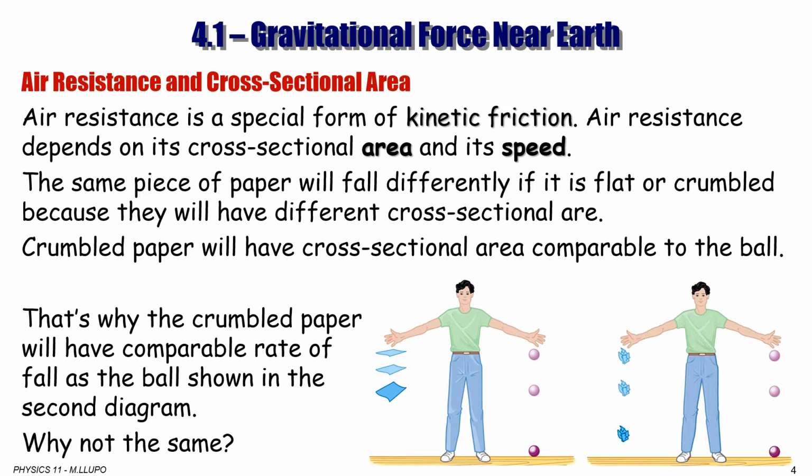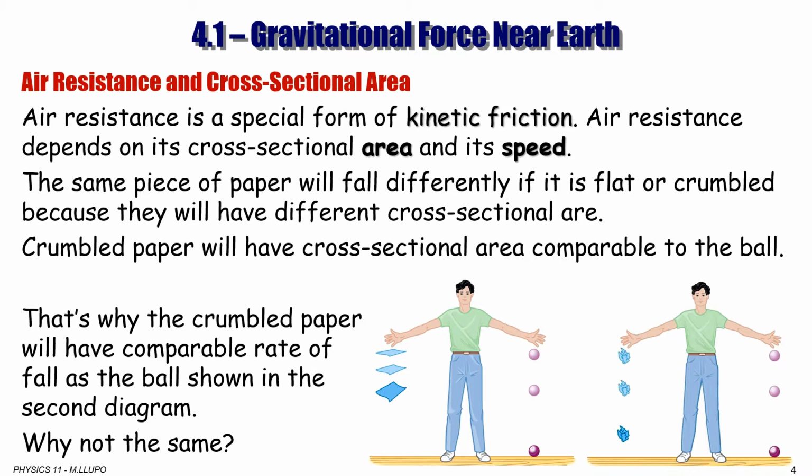Crumbled paper will have a cross-sectional area comparable to the ball. That's why the rate of falling of that crumbled paper is comparable to the rate of falling of that ball. Now, the flat piece of paper on the left has a larger cross-sectional area, while crumbled piece of paper has smaller.